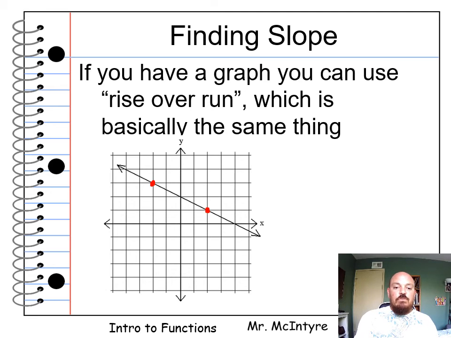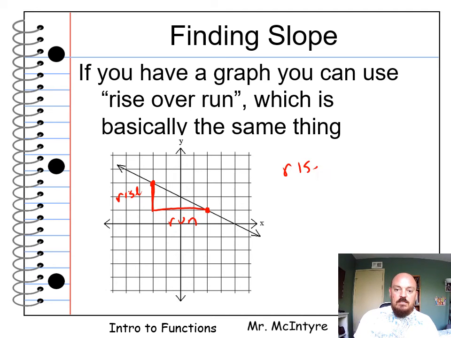Now, to get from one point to the other, I'm going to go here. That's basically my rise. And then I'm going to go here, which is the run. And just count the number of squares.